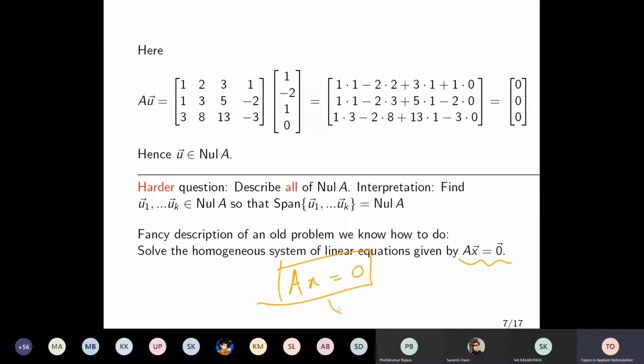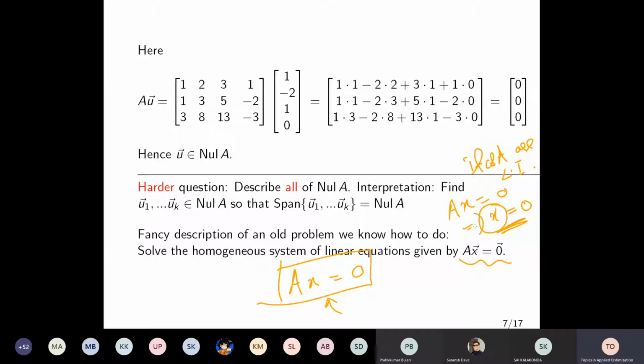If A is non-singular, in other words a full rank matrix, as I described in the previous class, then the only solution is x equals 0. If the columns of A are linearly independent, then the only solution I can expect is x equals 0.